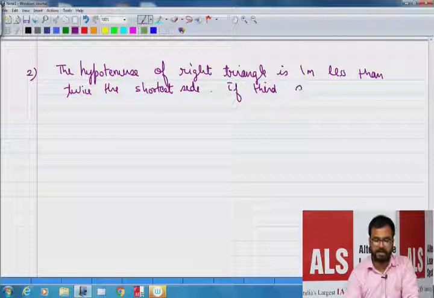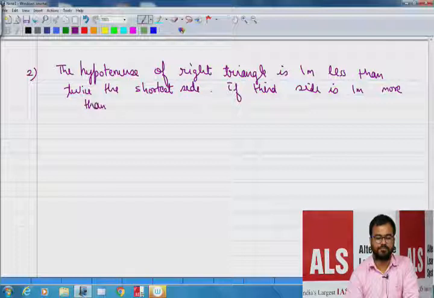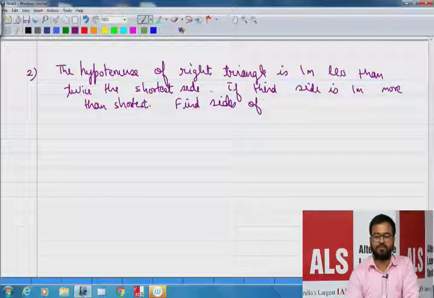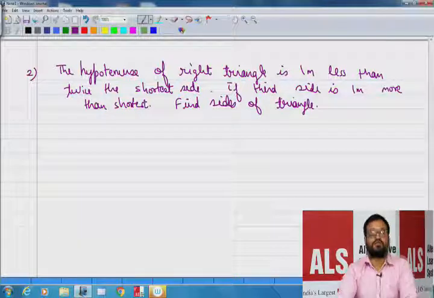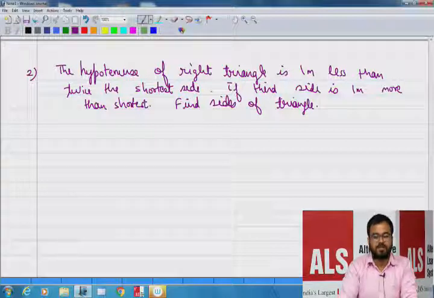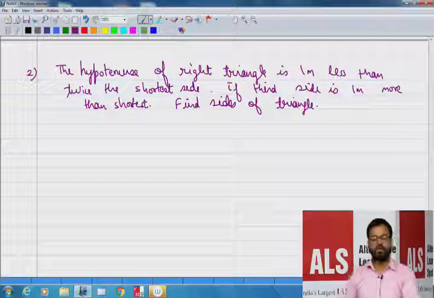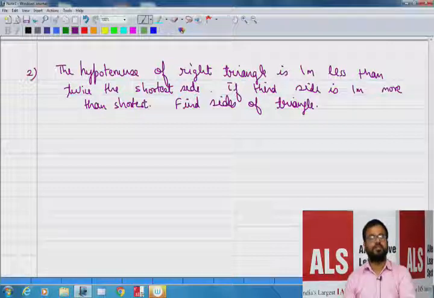If the third side is 1 meter more than the shortest, find the sides of the triangle. The hypotenuse of a right triangle is 1 meter less than twice the shortest side, and the third side is 1 meter more than the shortest side. Using these conditions, and this is a right angle triangle, you have to figure out the sides of the triangle.